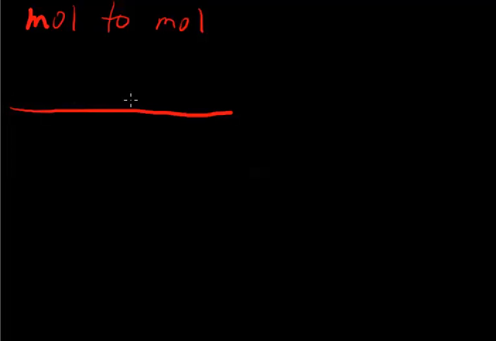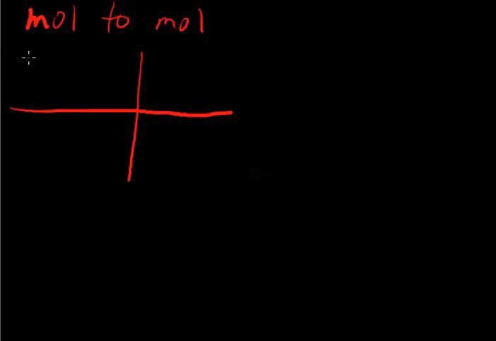Alright, so first thing I want to do is let's look at some mole-to-mole problems. First thing is we want to make sure you have down generally what a mole-to-mole problem looks like.